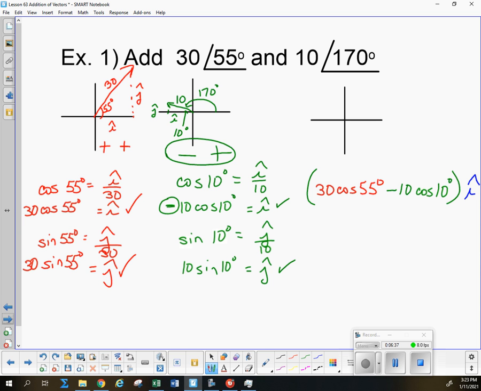And then for my jhats, I am going to take my 30 sine 55 degrees, and then my other one for my green vector is positive 10 sine 10.